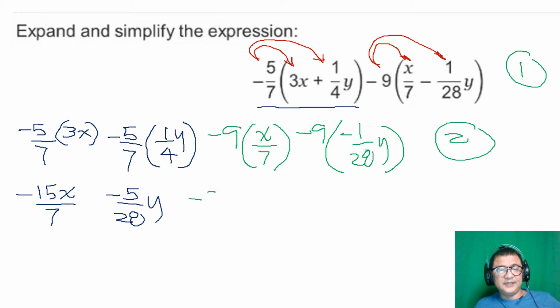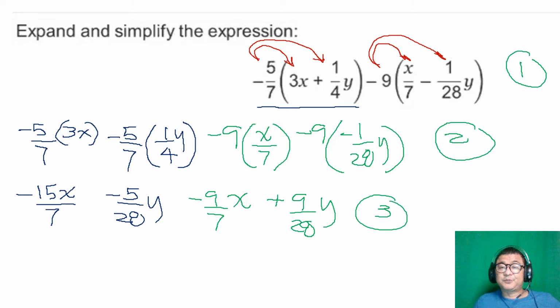Negative 9 over 7. Put down that x. Negative and negative is a positive 9 over 28. And it's a y. This is now my third expression. Guess what? They are again equal to each other. Don't be scared. One could be longer, the other is shorter.